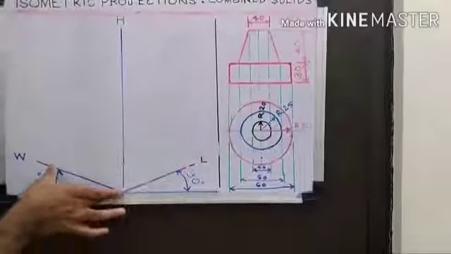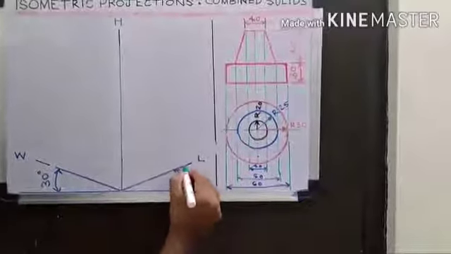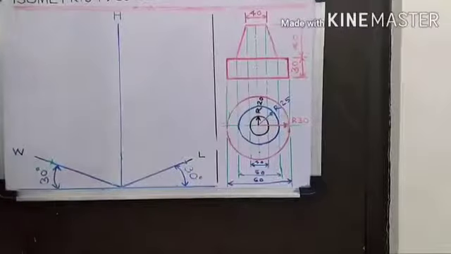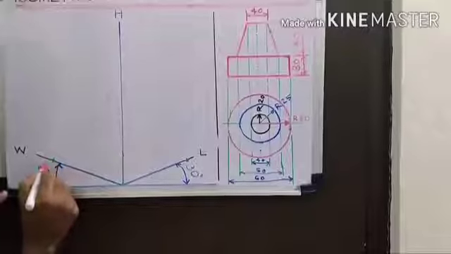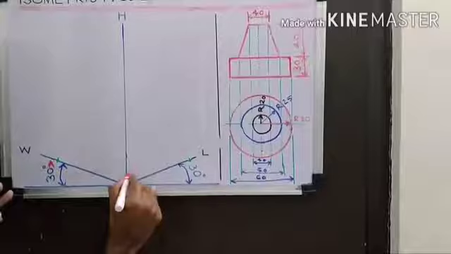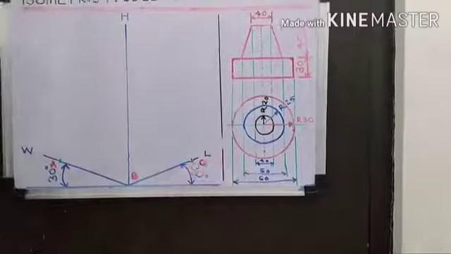Similarly, here also. Now, this is the concern point. Now I am naming this as A. This is the point B. This is the point C.